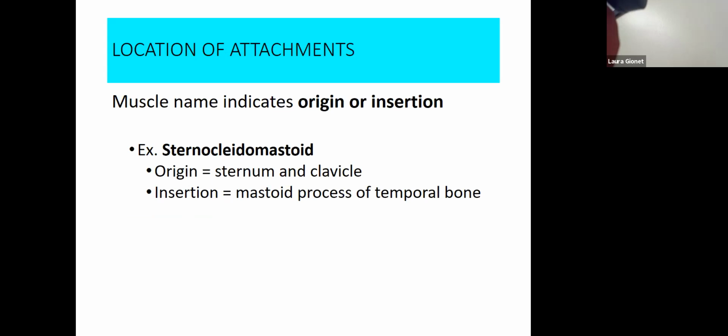Or maybe the location of attachments, named for its origin or insertion. So sternocleidomastoid is a great example. Sternum and clavicle are the origins, so sternocleido, and mastoid process for the insertion.